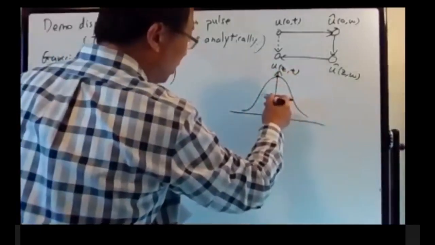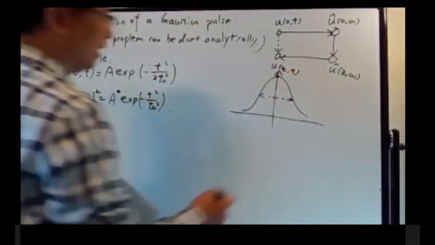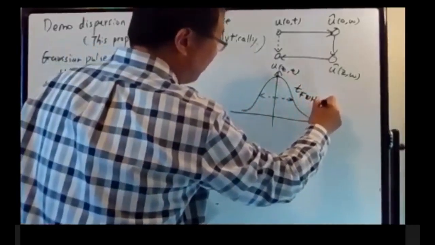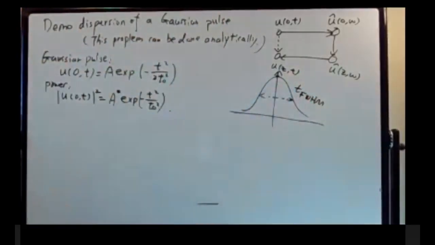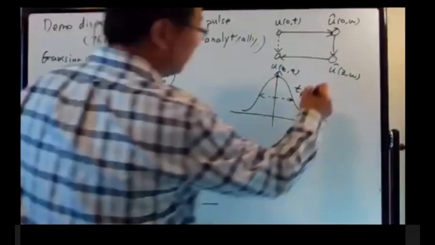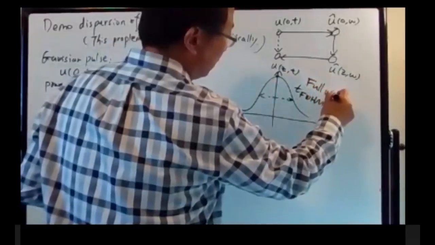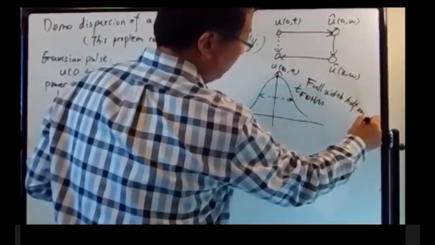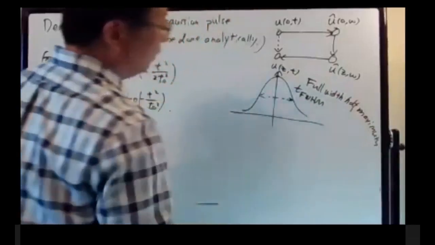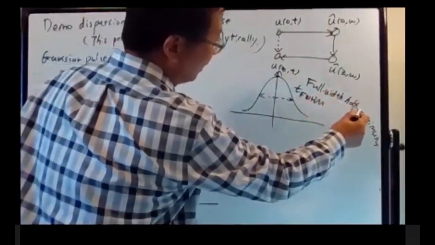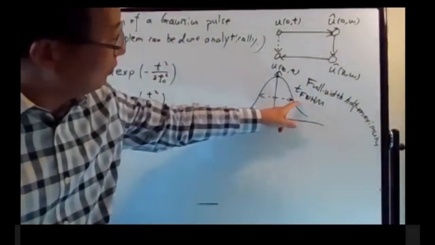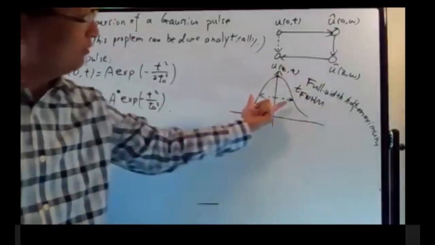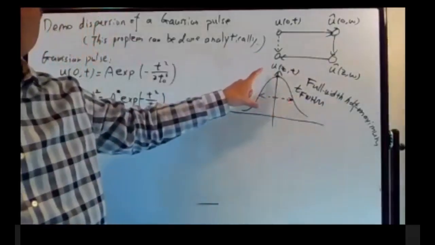It's called full width at half maximum, and that's why the abbreviation is FWHM.